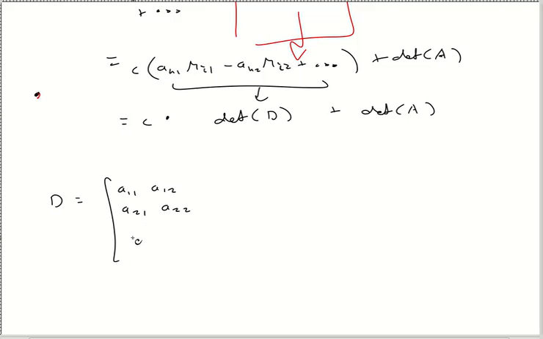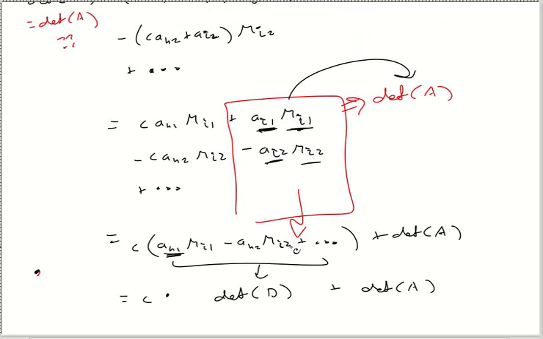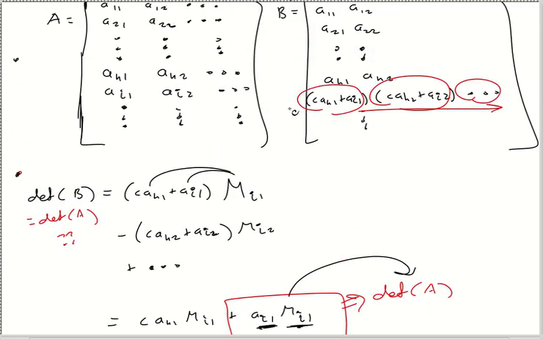And if you keep going down, we're going to have the AH1, AH2, and here's where it gets a little weird. This right here was the cofactors for that row beneath the AHs.